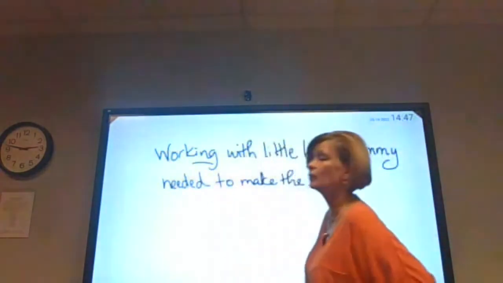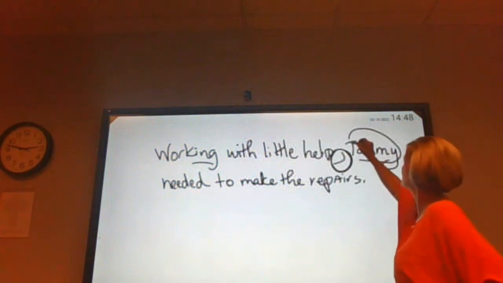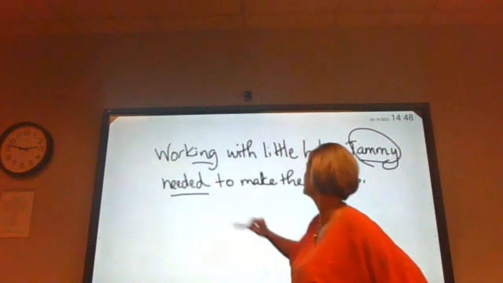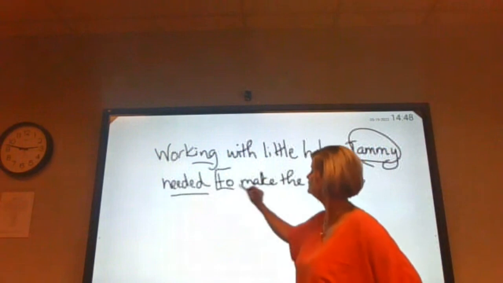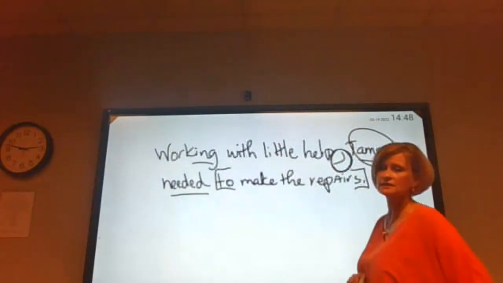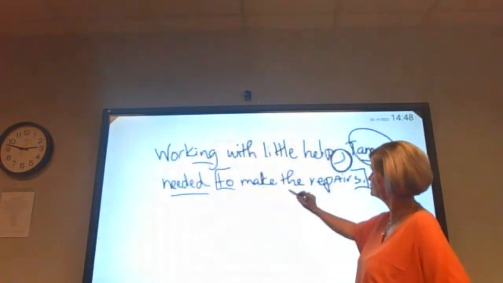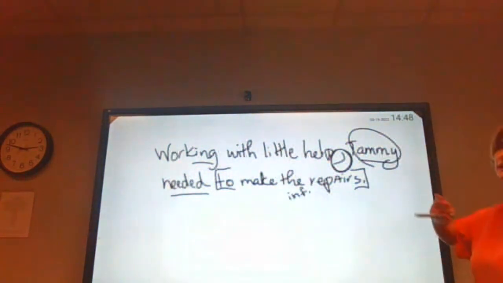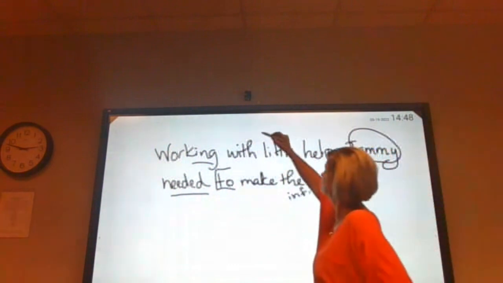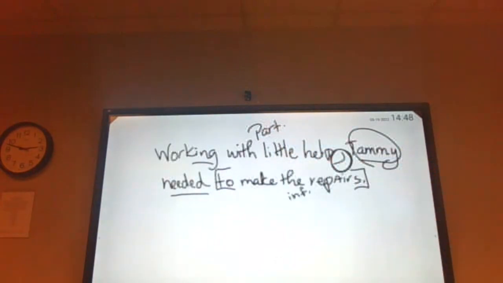So notice it is an -ing word, but also notice it is set off by a comma. Here's my subject. Here's my verb. Okay. So this one also has an infinitive here. Most of your sentences on the test, at least, are going to have only one per sentence, but just to show that it can have two different types of phrases per sentence. Okay. But again, if the first word is -ing, if that phrase is set off with a comma, that's going to be your participial phrase, and not the gerund. J, do you have anything to add to that?